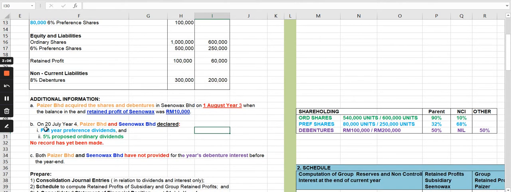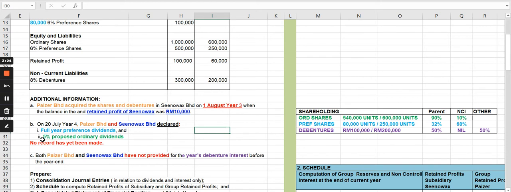Then you have the information regarding the declaration of the preference and ordinary dividend, a full year preference dividend. You may also come across a first half or second half preference dividend; that could also happen.